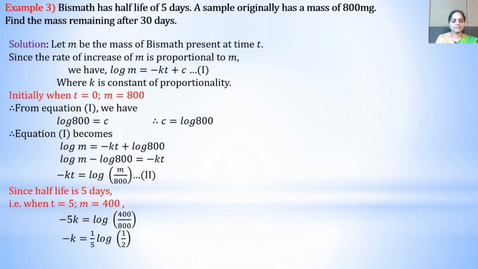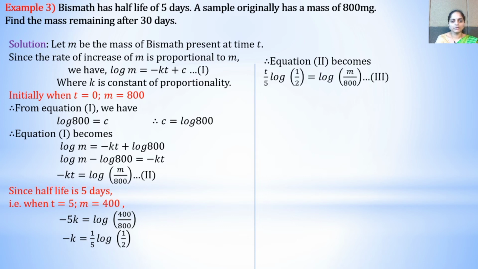Therefore, minus k is equal to 1 upon 5 into log of 1 upon 2. We put the value of minus k in equation 2. So equation 2 becomes t divided by 5 into log of 1 upon 2 is equal to log of m divided by 800. This is our equation number 3.